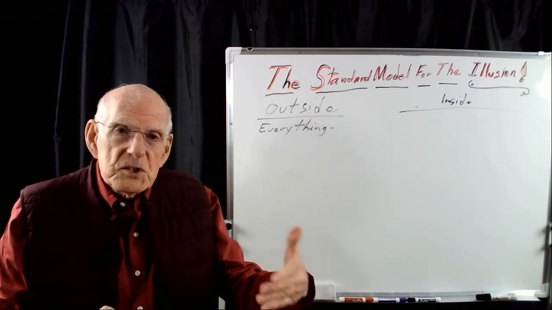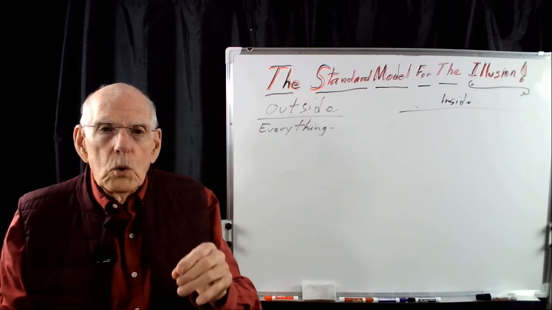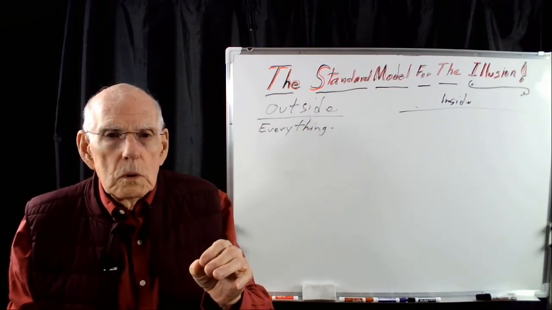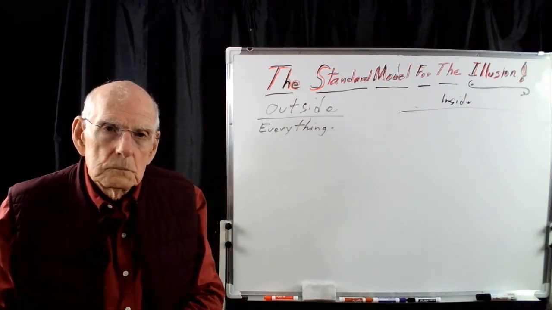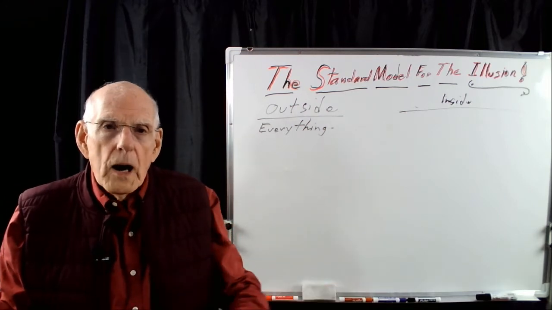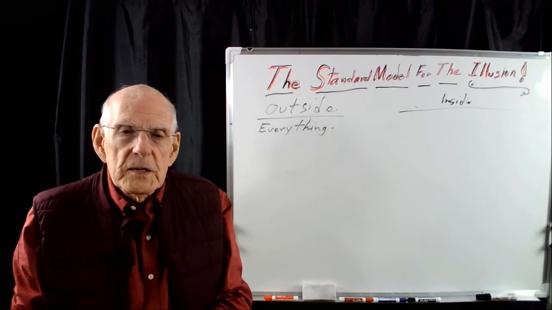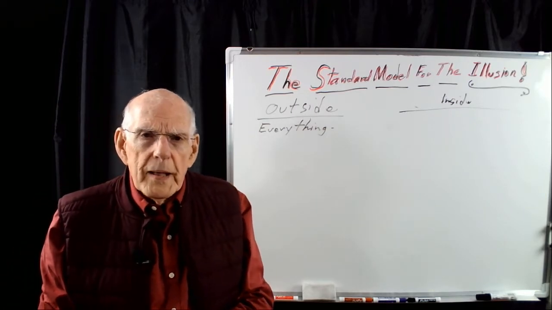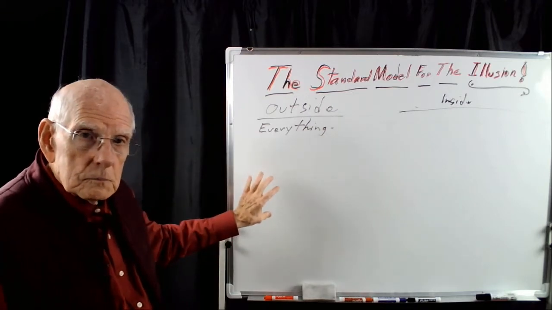What we would consider to be inside, because we don't know who we really are, what we really are, and therefore, trying to define the inside becomes a little problematic. But the outside is everything.